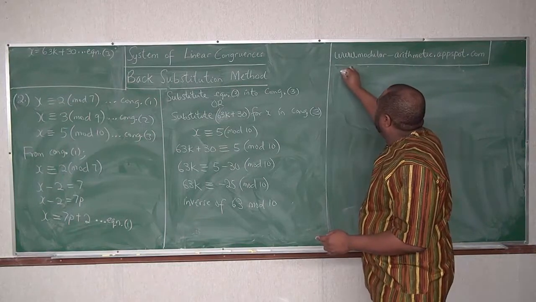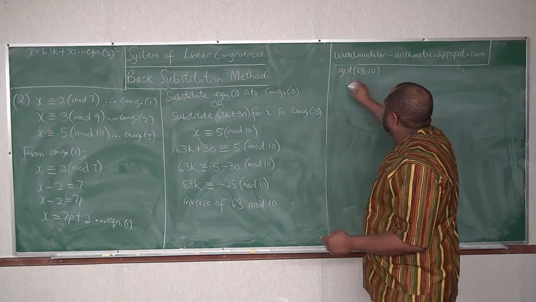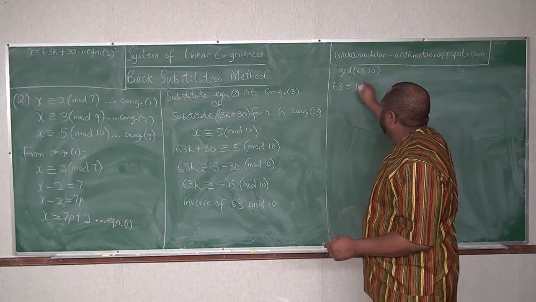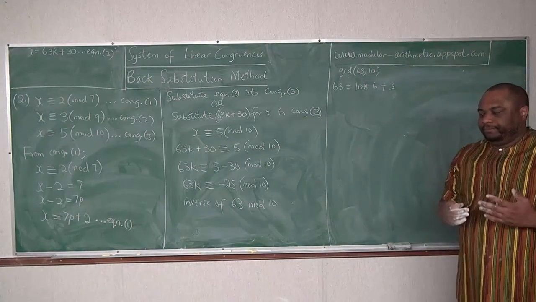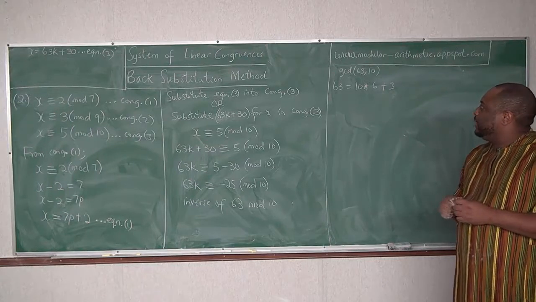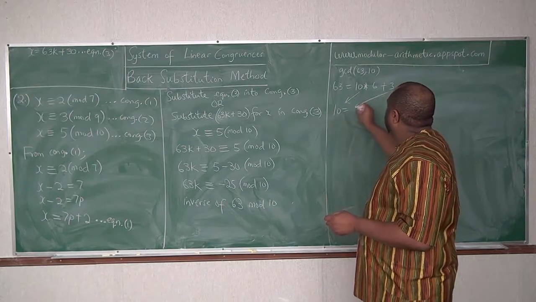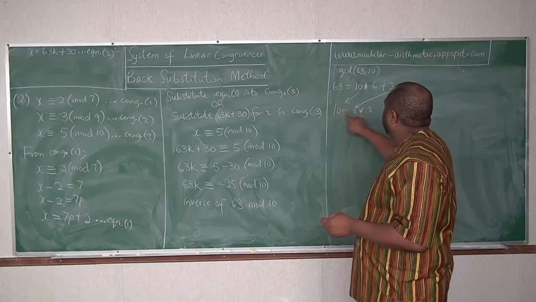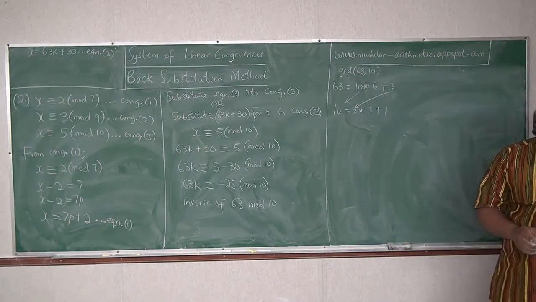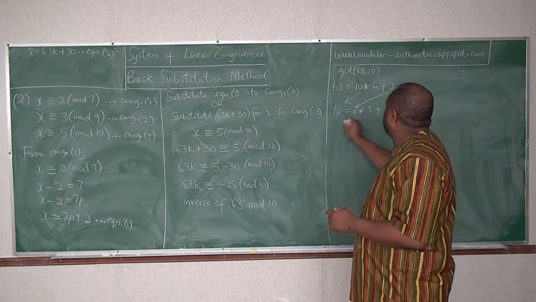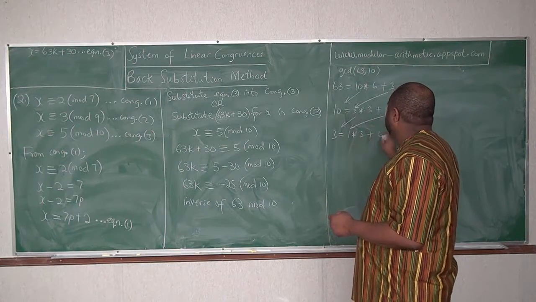So GCD of 63 and 10. 63 is 10 times 6 plus 3. 10 is 3 times 3 plus 1. 3 times 3 is 9, 9 plus 1 is 10. 3 is 1 times 3 plus 0.